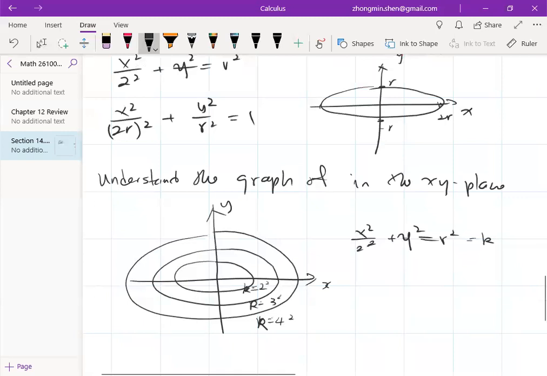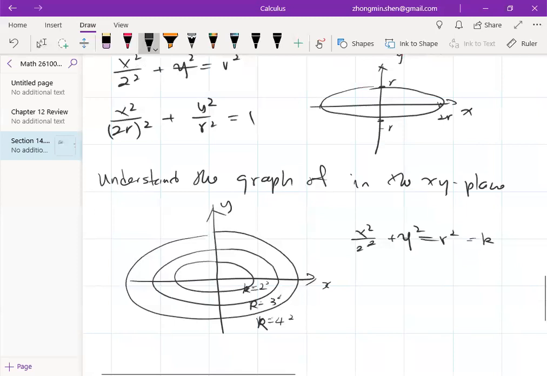But you can still use your imagination to understand the graph, because along that ellipse I know the surface is 3 squared high, and around the innermost ellipse the height of the graph is 2 squared. So this gives you all the information you need, but not the 3D picture.